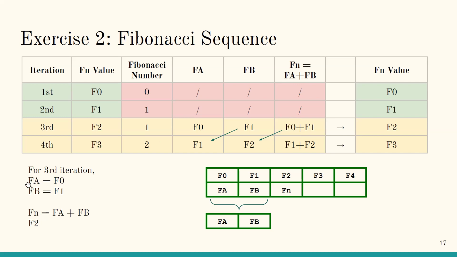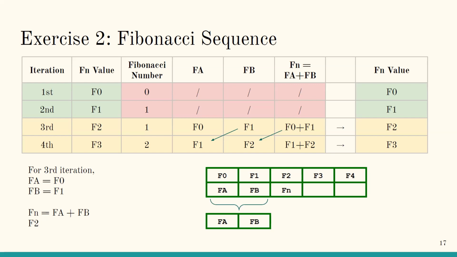Okay, for the third iteration, let's say you have two variables that you need to add together, the previous two. We're using Fa and Fb to represent them. Substitute F0 to Fa, substitute F1 to Fb, so that you have the numbers at your hands, right?